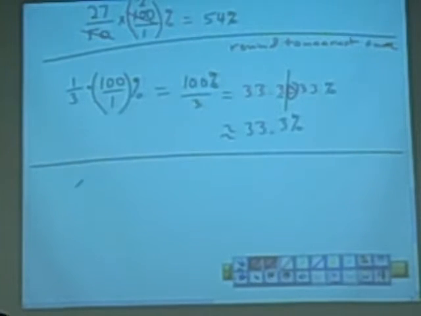Okay, here we have 1 2/3. And so we're going to change that to an improper fraction, right? Which would be what? 5 over 3. And we want to convert that to a percent. So we're going to multiply that times what? 100.